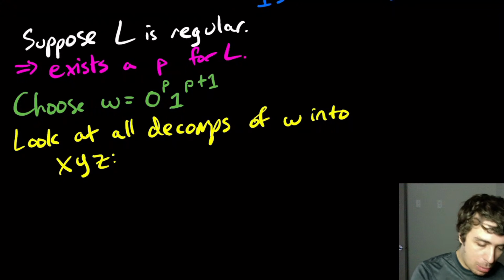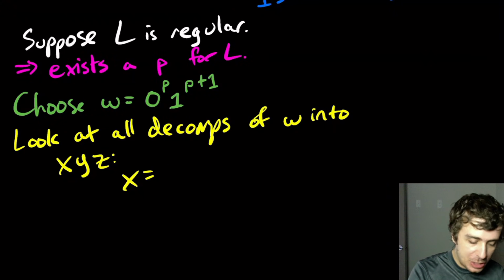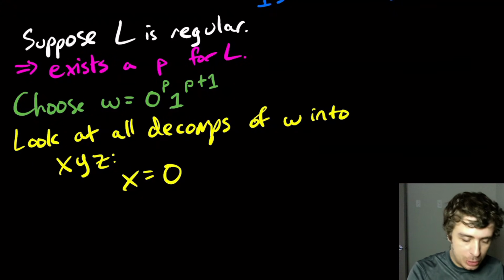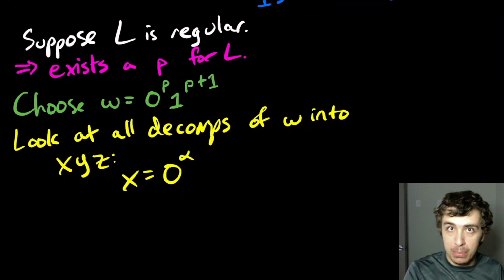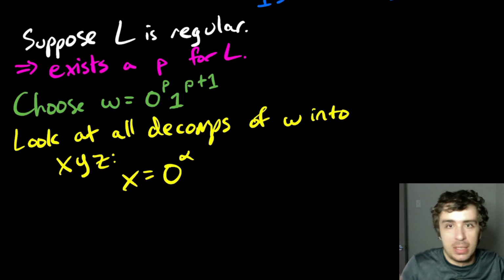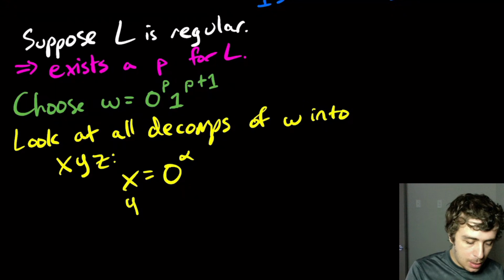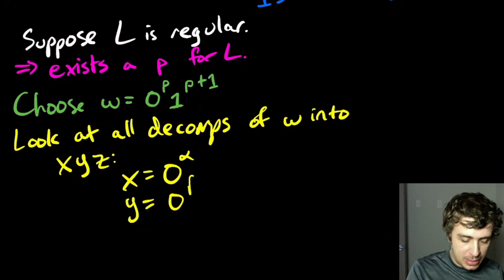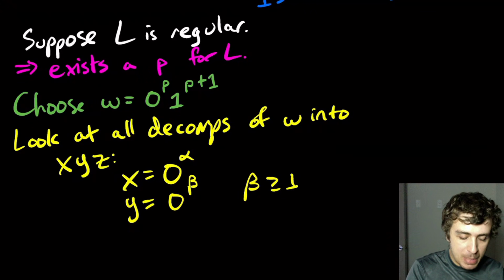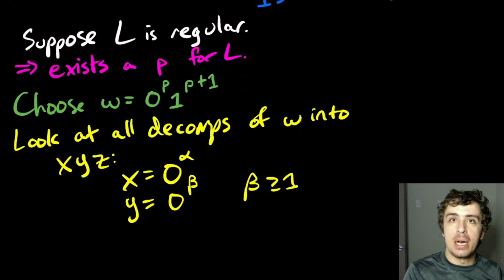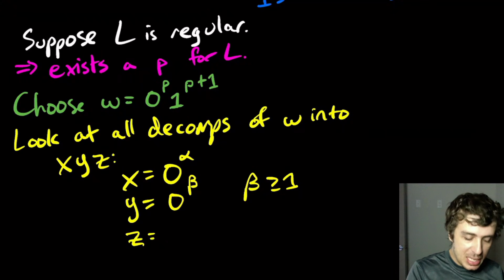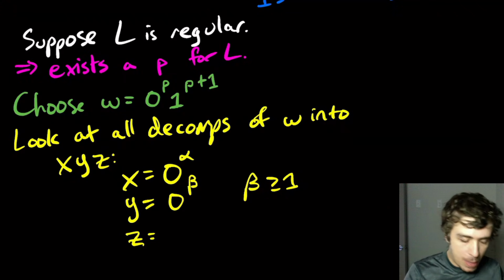So we know that X is going to be some number of zeros. Let's just call it 0 to the alpha. So alpha is the number of zeros that X has, or just the length of X. It's the same thing. And Y could be a totally different number of zeros, 0 to the beta. I have no idea what it is. I know that beta must be at least 1 because Y has to be non-empty. And Z is the rest of the string because there are only 3 parts.